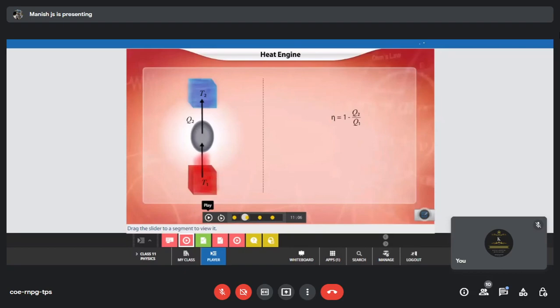So this is the efficiency of a heat engine, where Q1 is the heat transferred from the hot reservoir to the working substance and Q2 is the heat transferred to the cold reservoir from the working substance or from the system. So this is the efficiency. So we'll move on. If no heat energy is expelled, that is, if Q2 is zero, the efficiency of the engine is 1, which means the engine is 100% efficient.